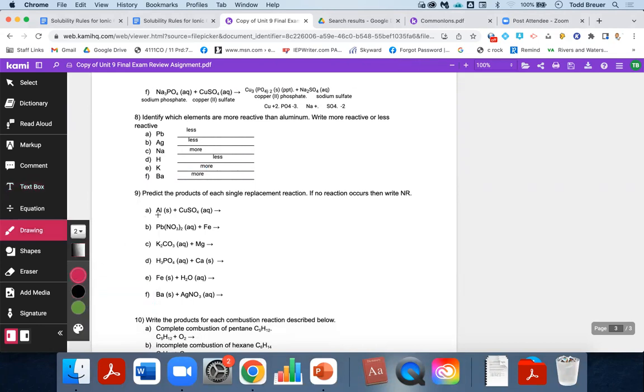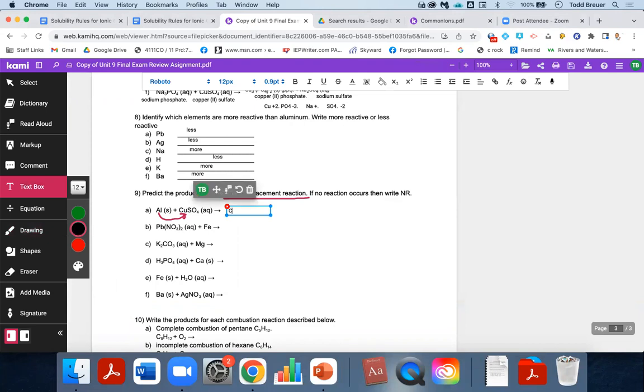So let's get right to business. Predict if a single replacement reaction happens or not. So here's aluminum, the element, trying to replace copper. Well, since aluminum's more reactive than copper, it can actually do that. So that means on the right side, copper becomes an element. It gets replaced by aluminum, and aluminum joins up with the SO4 ion, and we use the charges of the ions.